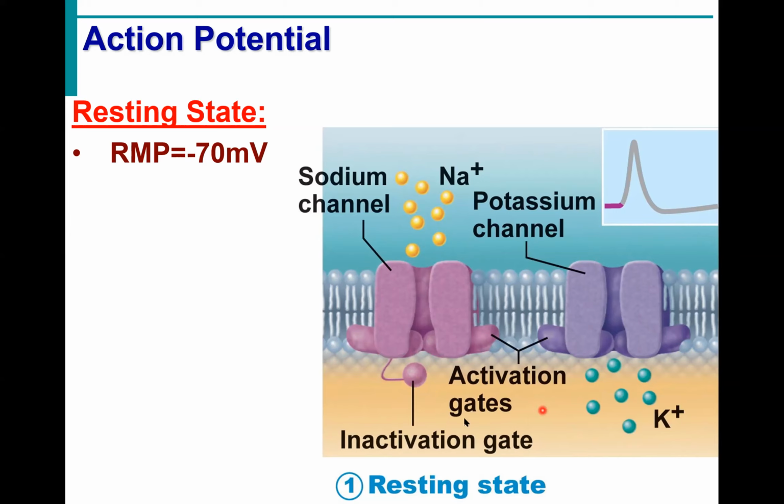Remember, voltage gated channels work when the inside of the cell gets more positive. Then these gates swing open. This gate swings up, this gate swings up, and now it's open and ions can flow through it.